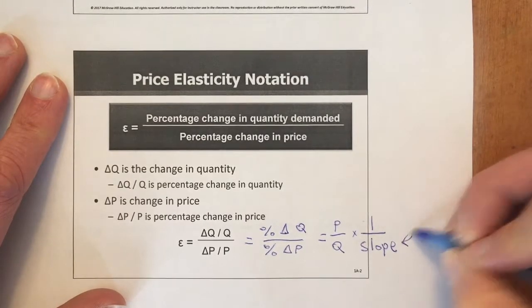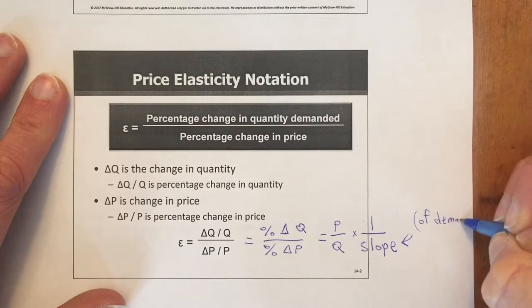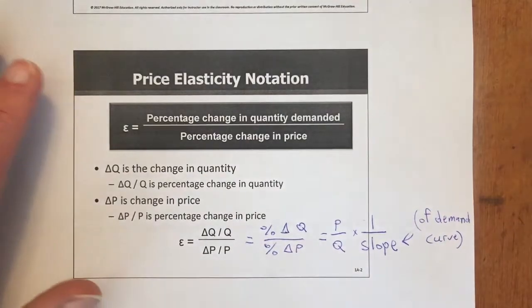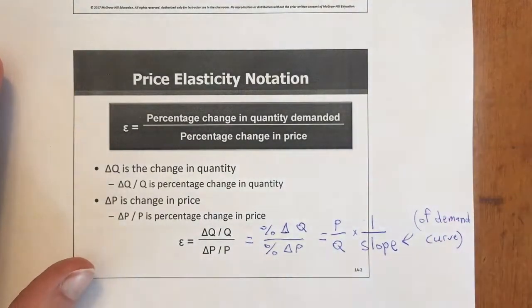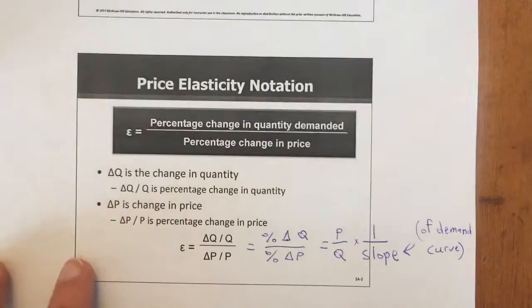That's going to be the slope of the demand curve. So, one term represented in 3 different ways. Now, I'm going to go through some of the math to explain why that is, so you can follow along both here and again with the slides.